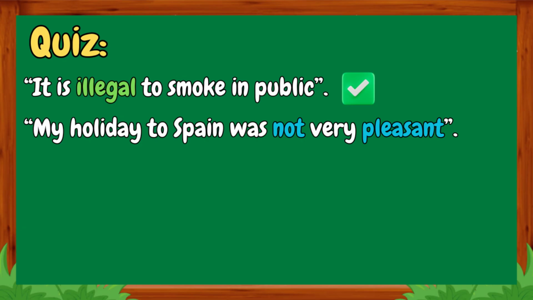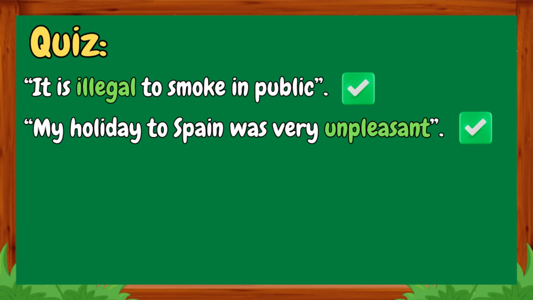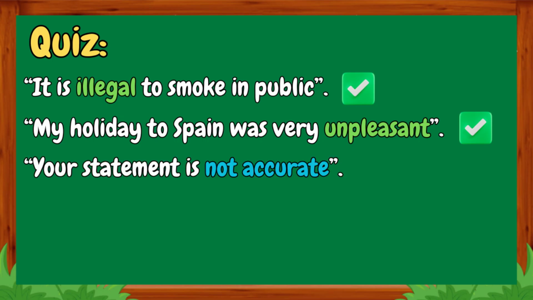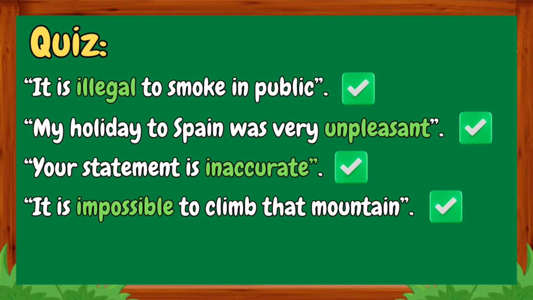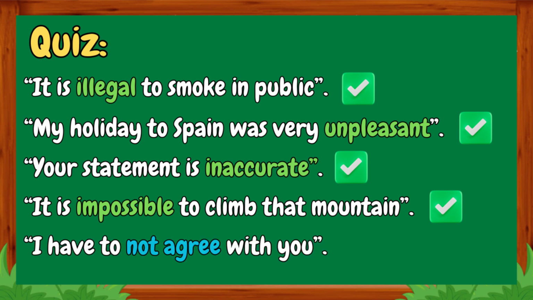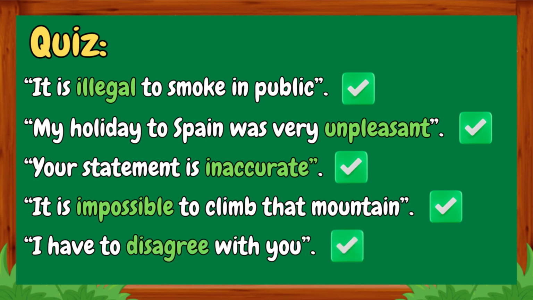We can change to: my holiday to Spain was very unpleasant. Your statement is not accurate. Your statement is inaccurate. It is not possible to climb that mountain. It is impossible to climb that mountain. I have to not agree with you. I have to disagree with you.